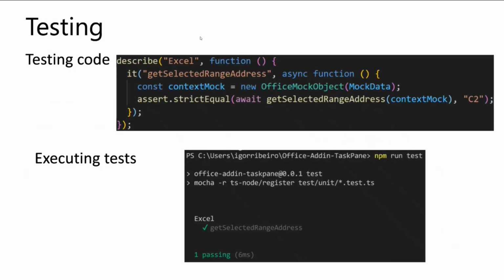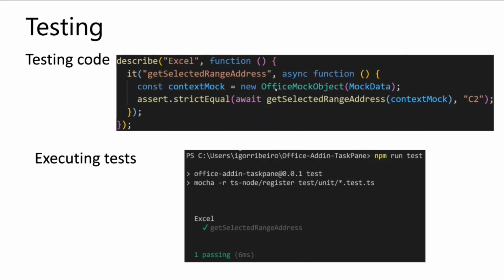For testing, I created some testing code. This is done in Mocha, but we also support Jest, as I have mentioned. So here we pretty much have a standard test suite. With the describe, here we're testing for Excel, and then testing for the function name that we are creating, so this getSelectedRange. And here we are creating this context mock with the mock data that we just created.